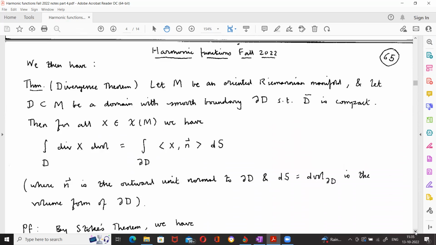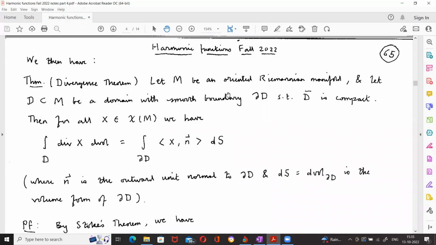So let M be an oriented Riemannian manifold, and let D in M be a domain with smooth boundary del D, such that D closure is compact.